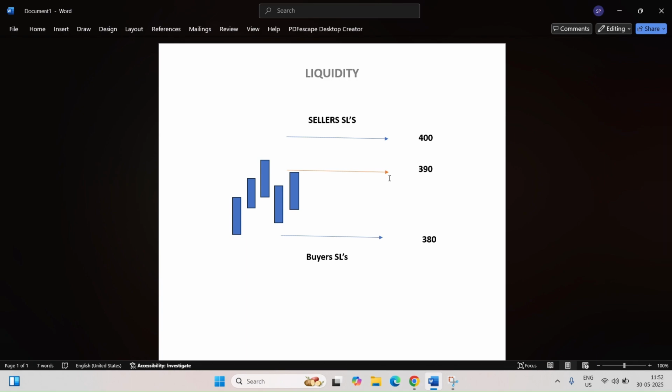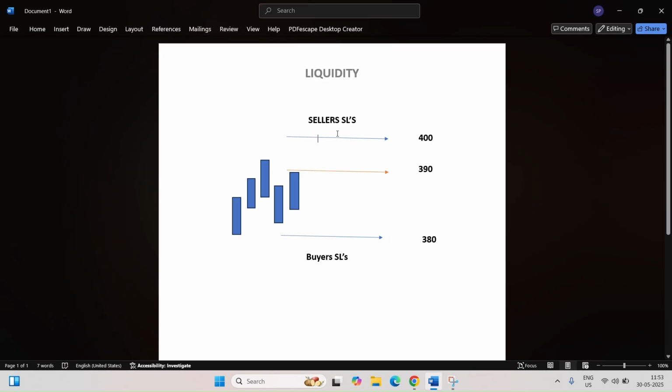But how is it decided, or what is required for the market to move? For the market to move, what is required is orders. To go to 400 it requires orders, and to come to 380 it requires orders.